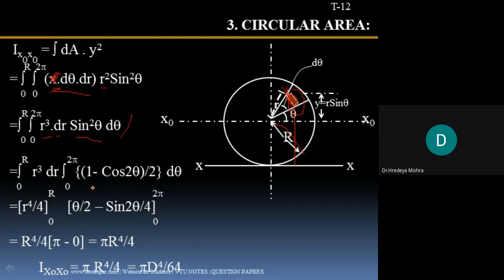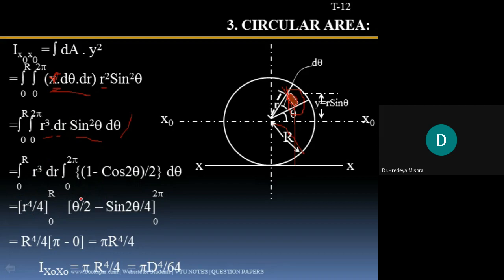Okay, so now it is r. So what happened? r to power 4 divided by 4, from 0 to r, and here we do this integration.